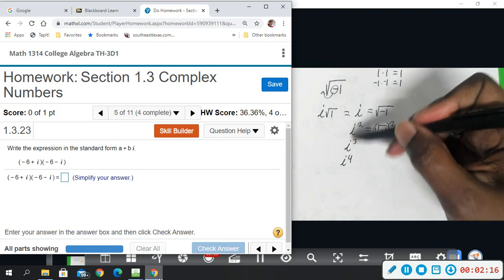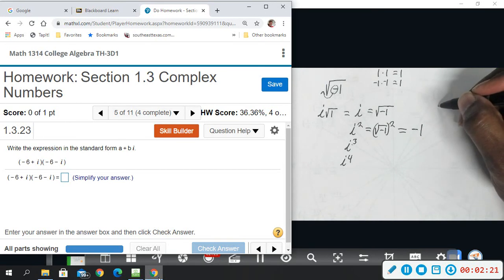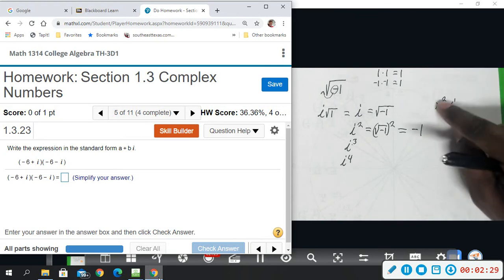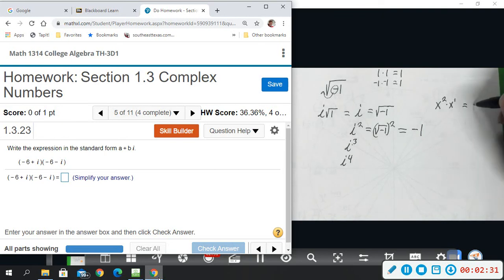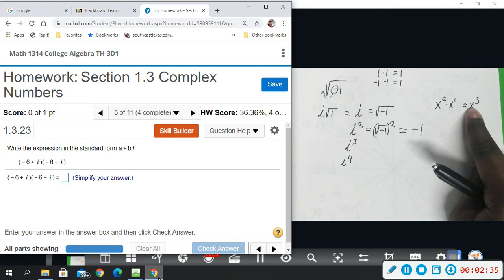When you do I to the 3rd, it would be the same thing. If you think about exponents, say I had an x squared times x. So that's like to the 1st power. When you multiply the same base, you add the exponents. 2 plus 1 will give you 3. So that gives you x to the 3rd. So I'm just trying to show you shorthand here.